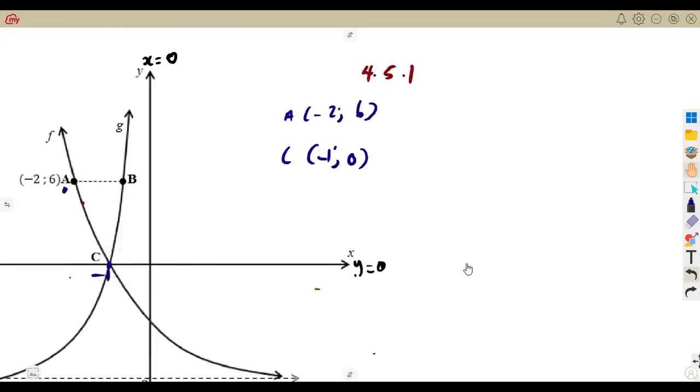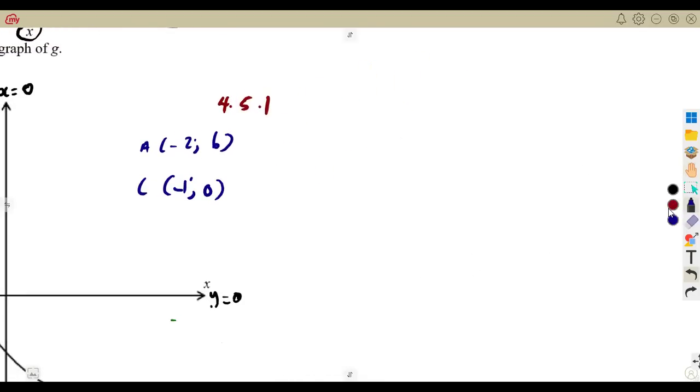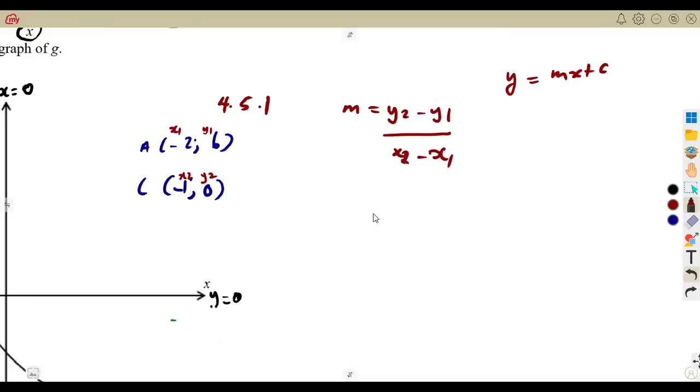So to find the equation of a line, we need the gradient, where we can consider x1, y1, x2, y2. Remember your equation, y is equal to mx plus c. So m is the gradient, the change in y over the change in x: y2 minus y1 over x2 minus x1.